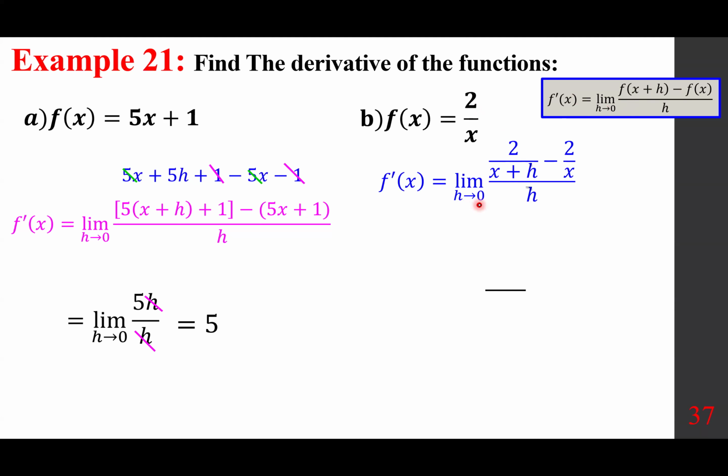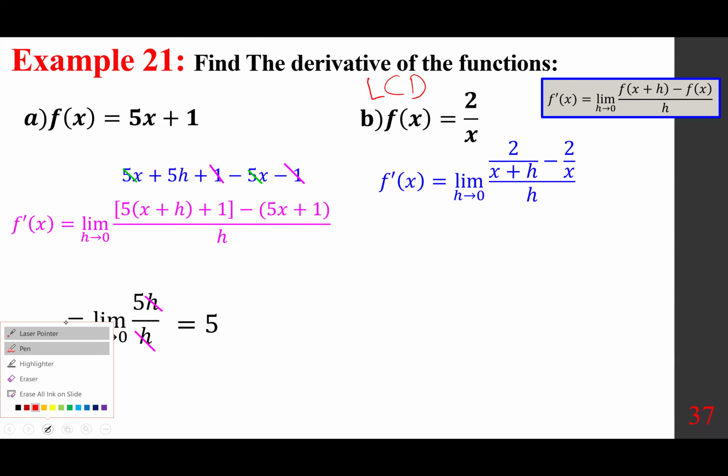Needless to say, if you plug in, you get 0 over 0. The technique for complex fraction is to use LCD, the least common denominator, which is x times (x plus h).